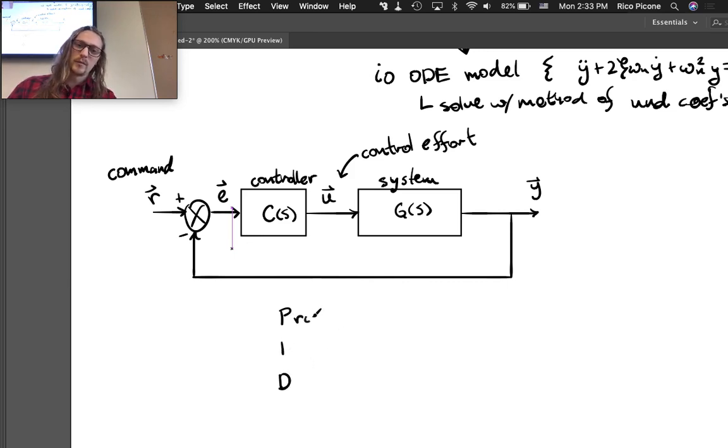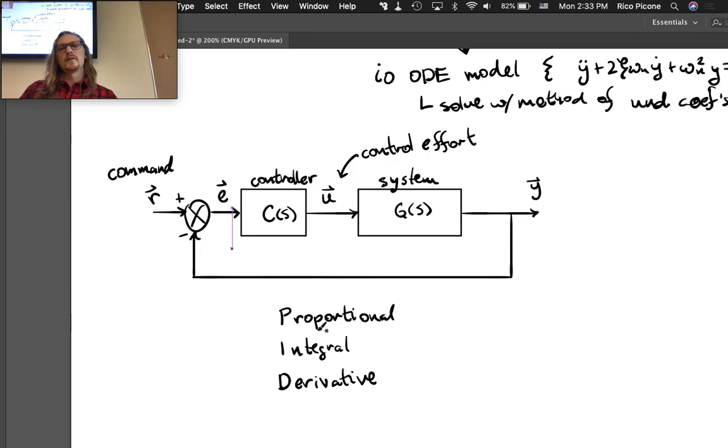And that stands for proportional, integral, derivative. And what these 3 words are describing are 3 terms in a transfer function, in the controller transfer function.